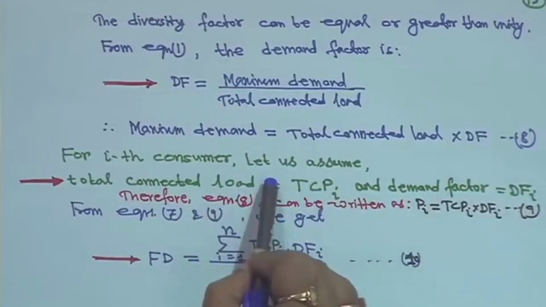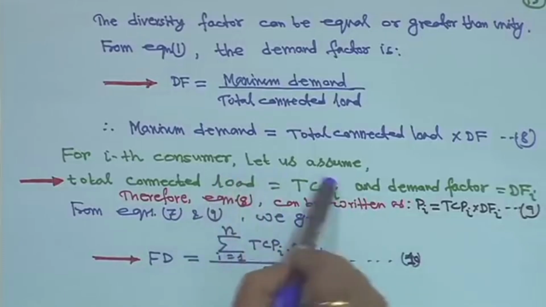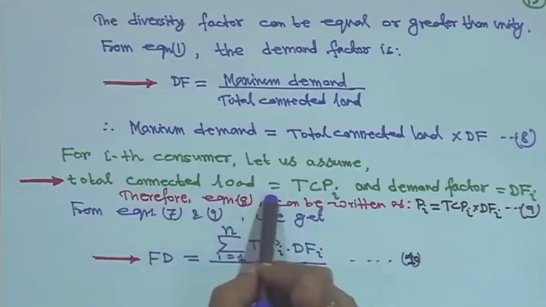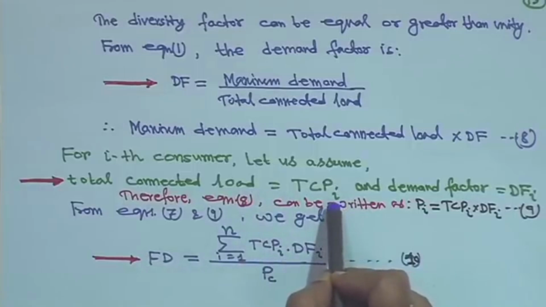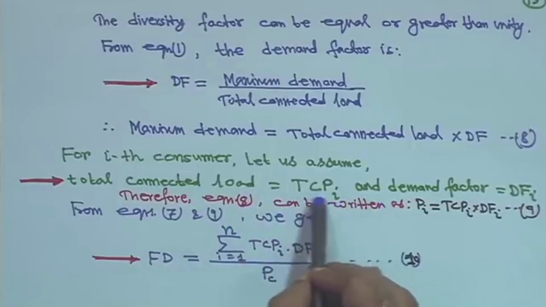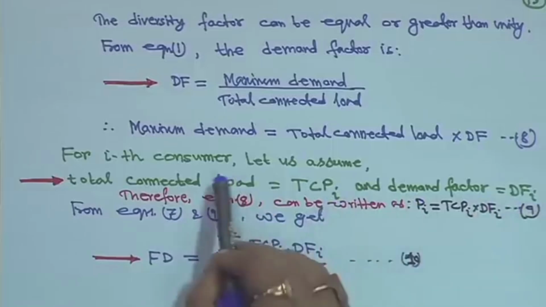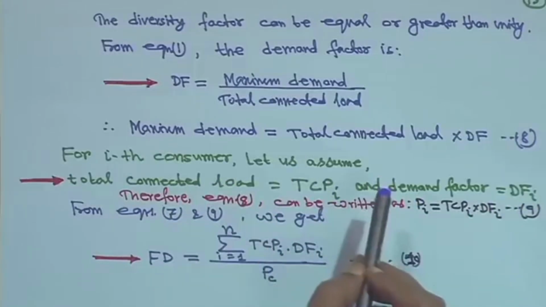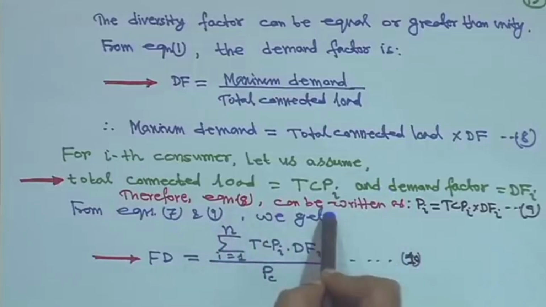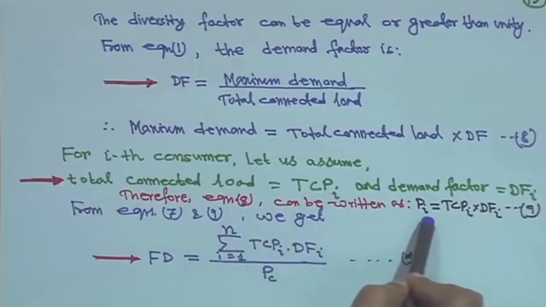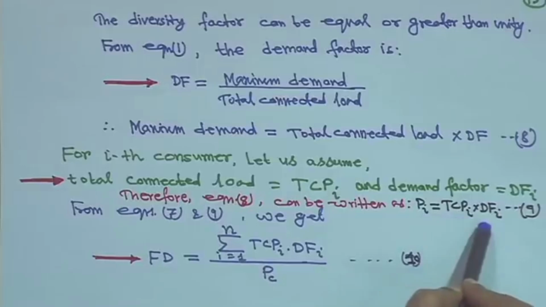Now, for the ith consumer, let us assume the total connected load is TCPi and the demand factor is DFi. Therefore, equation 8 can be written as Pi is equal to TCPi into DFi.